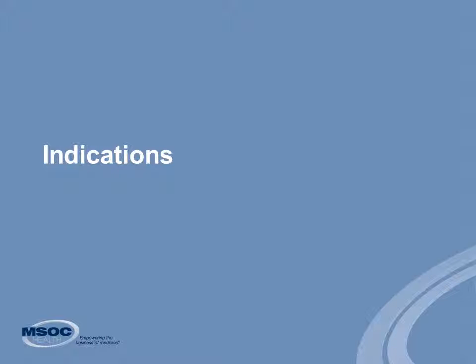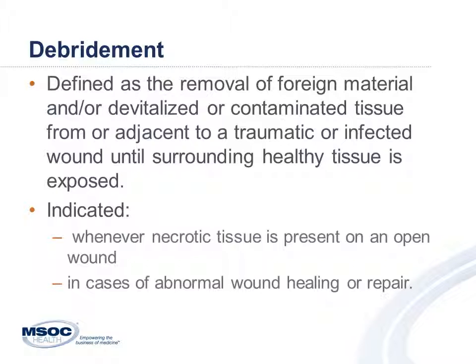Now we will review the indications for wound debridement. Debridement is defined as the removal of foreign material or devitalized or contaminated tissue from or adjacent to a traumatic or infected wound until surrounding healthy tissue is exposed. It is indicated whenever necrotic tissue is present on an open wound and in cases of abnormal wound healing or repair.